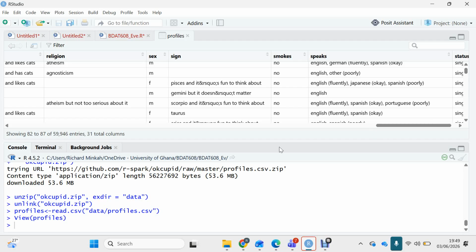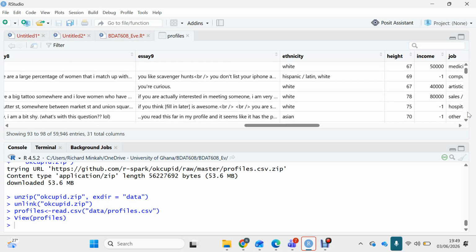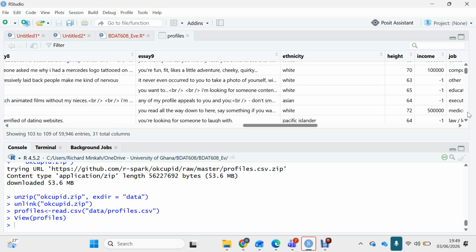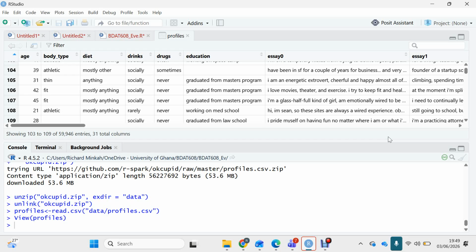Okay, let's see, did they work? The following object is masked by package. Okay, good. All right, so let's see. I go here, I copy my... Did I? Okay, it works.